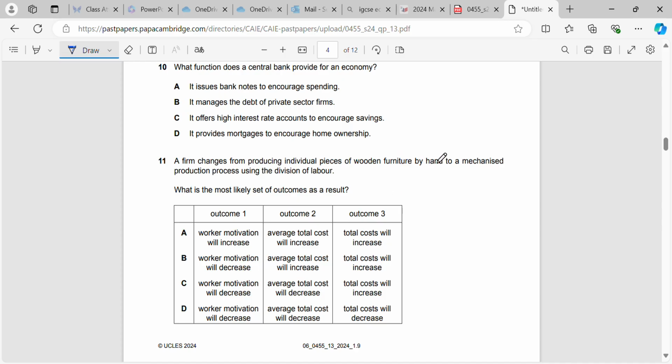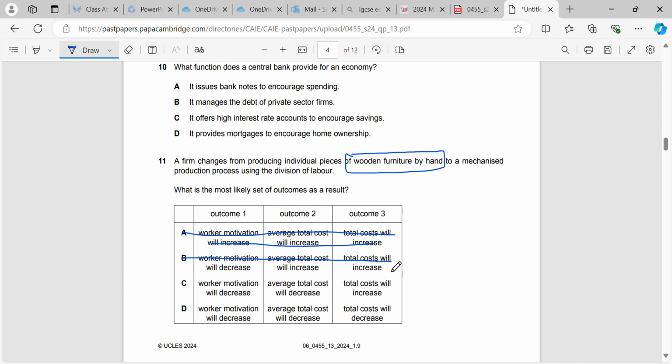The workers that were previously making this wooden furniture by hand are now operating machines, if they still have their jobs, in order to make the furniture. Therefore their motivation will decrease, right? So we can get rid of A. The average cost will come down, so we can get rid of B.